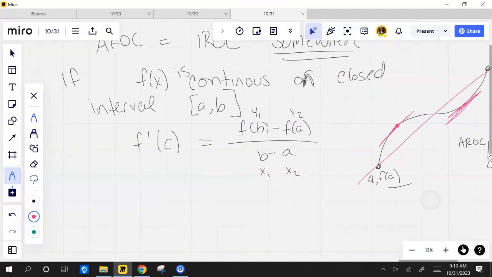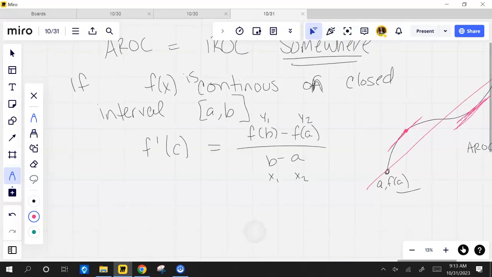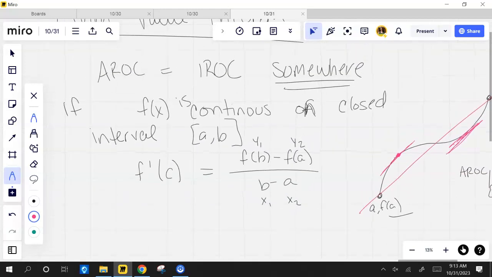I guess I should also add in here, it kind of follows if you're finding a derivative, but I guess we need to add it. Continuous and differentiable. If it's not differentiable, this doesn't work, right? Because you can't take a derivative of something that's not differentiable.